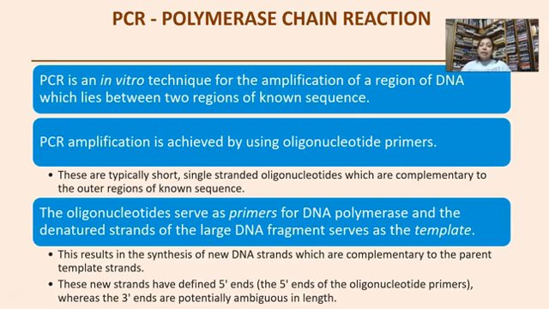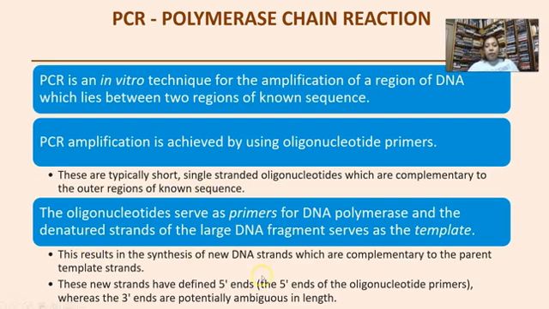These oligonucleotides serve as primers for, again, the DNA polymerase, and they are going to bind to those complementary sequences once the genome has denatured and you have single strands as templates. And then they can be utilized just like you would in a transcription or replication setting, so that you can get a new strand of DNA which is complementary to your parent template strand. They will again work 5' to 3' just like we did before.